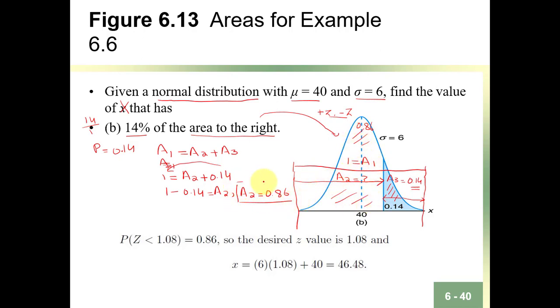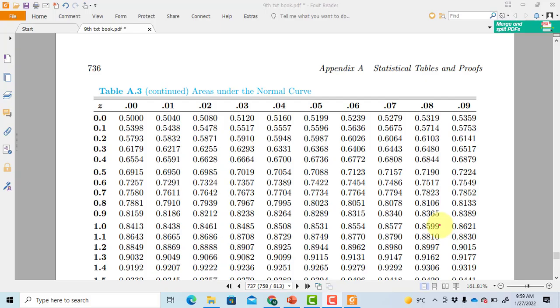So I will use this area and I will check the value of the z associated with this value. Now check this line: it is on the right hand side from the mean value. So I can say that I will use the positive z distribution table. Now I'm going to the table. I will check the probability or area 0.86, and 0.8599 is quite close to 0.86.